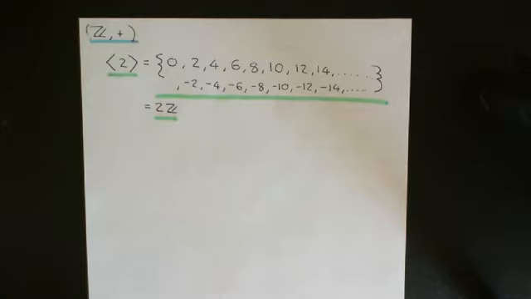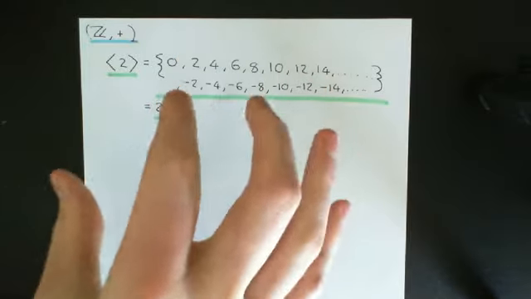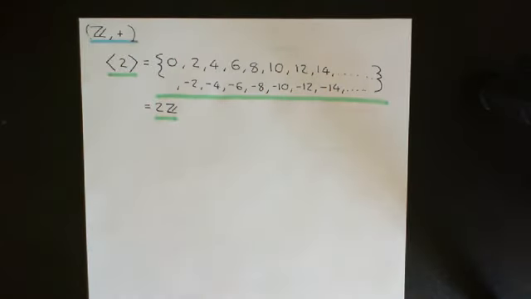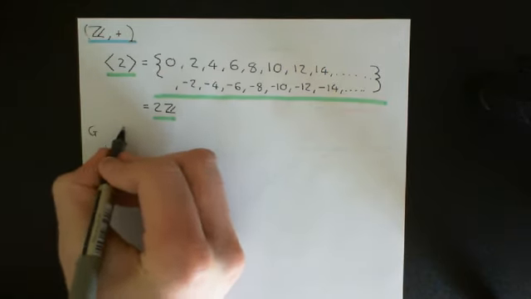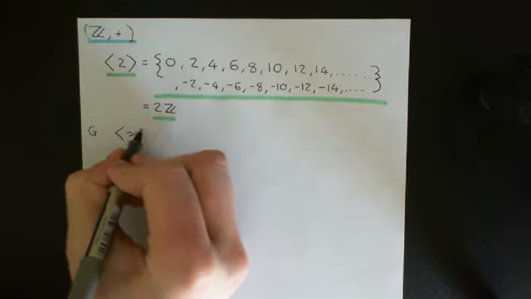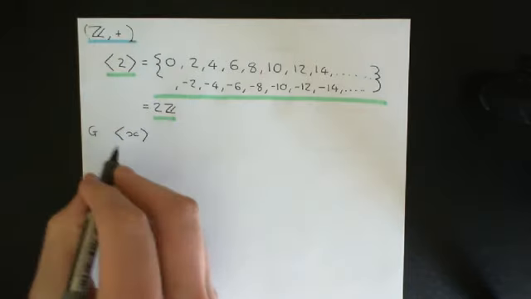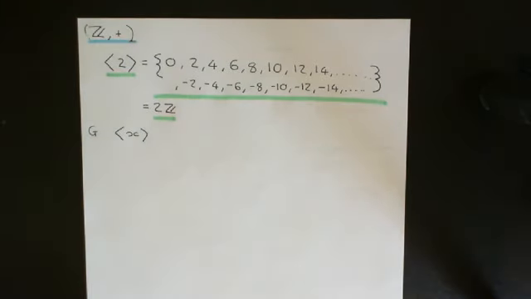Now what I want to do is go back to more abstract settings, so forget this nice concrete example. We're going to go back to the more abstract group G, and the cyclic subgroup generated by some element x, which is an element of G. And I want to prove that these infinite cyclic subgroups are always isomorphic to the infinite cyclic group, which is the group of integers under addition.